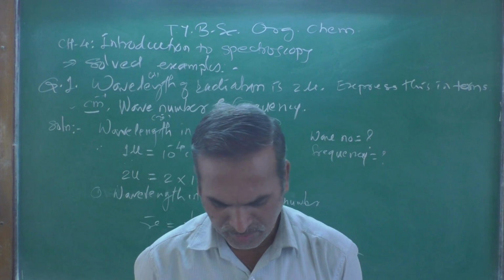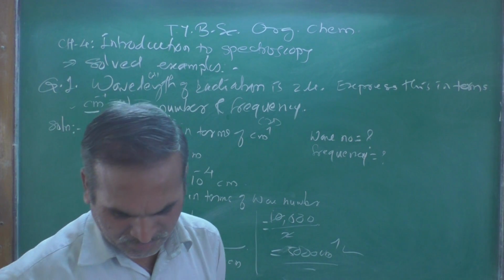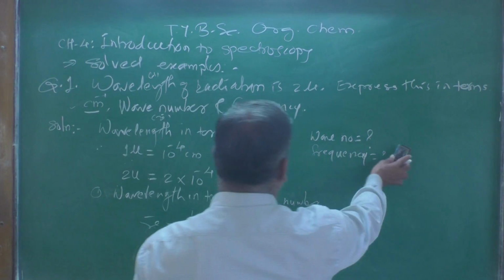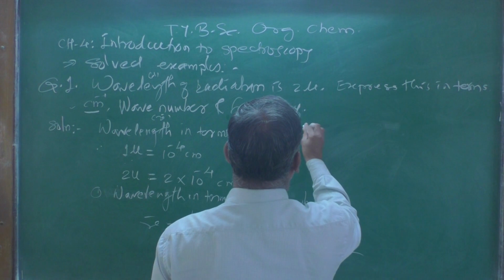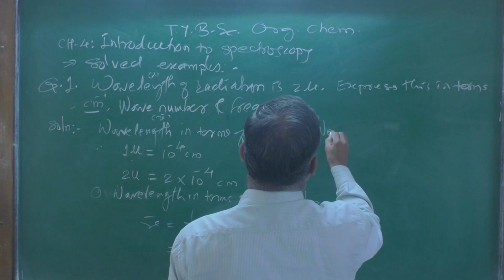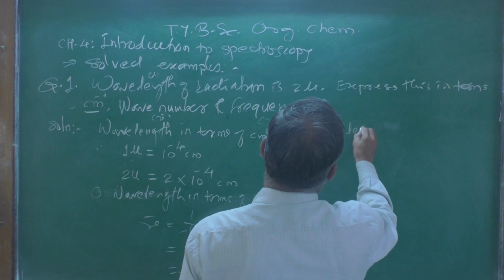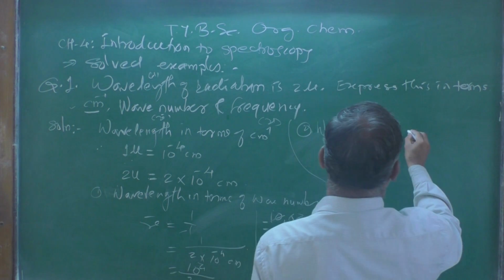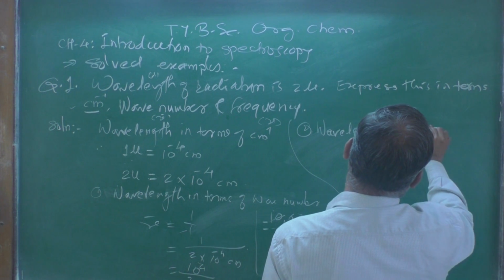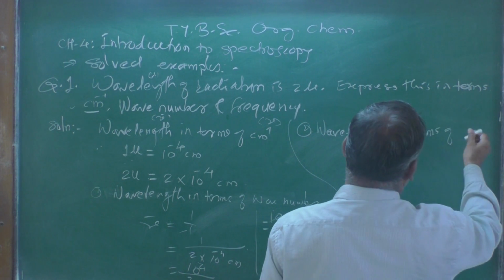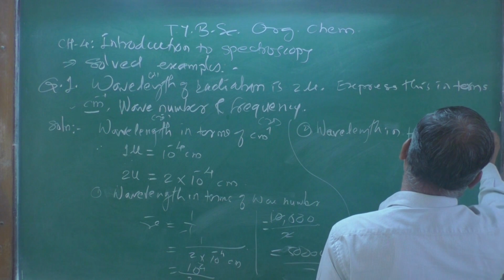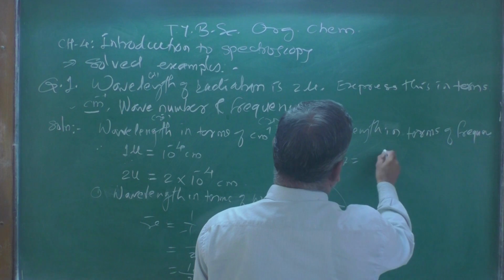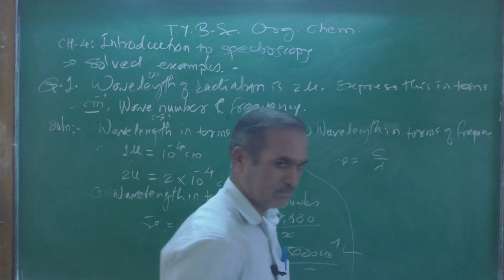Now, wavelength in terms of frequency. Let us see the second one. As we know, frequency mu is equal to C upon lambda, right?